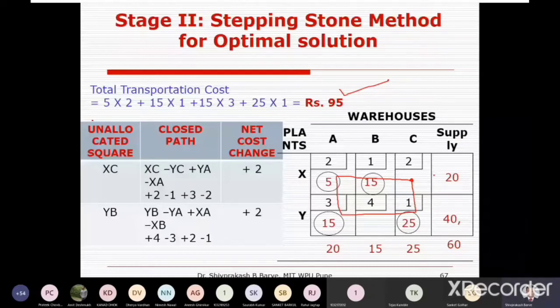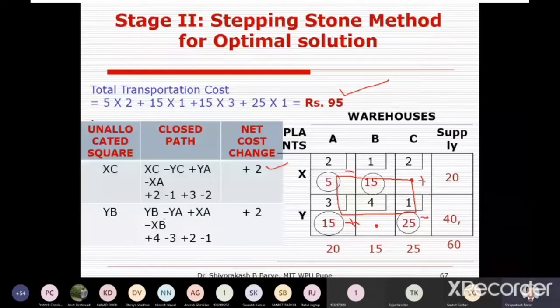Now mark here it is plus, here it is minus, here it is plus, and here it is minus. And take the total of this amount, that is 2 minus 1 plus 3 minus 2. And this is 2 plus 3, 5 minus 3. So total is plus 2. Now at YB, check YB, again these 4 cells you can use for making a closed loop.